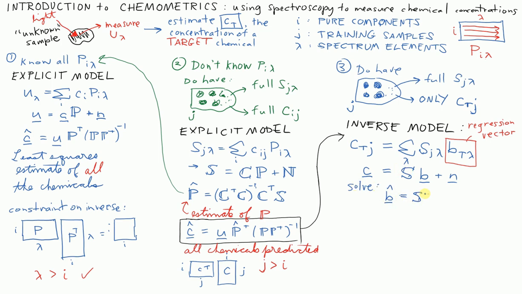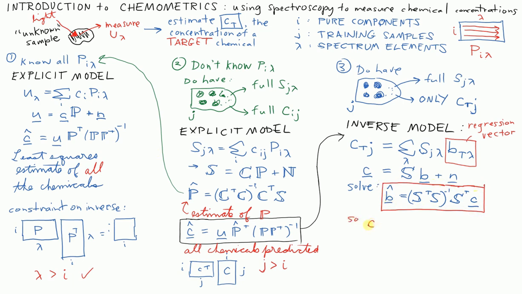So I get S transpose S, fat inverse, times S transpose, times the concentration vector. So let's box that out because that's a big thing for us to be aware of, that we've now managed to estimate this regression vector, and now that I know what it is, I can estimate what C sub T is.